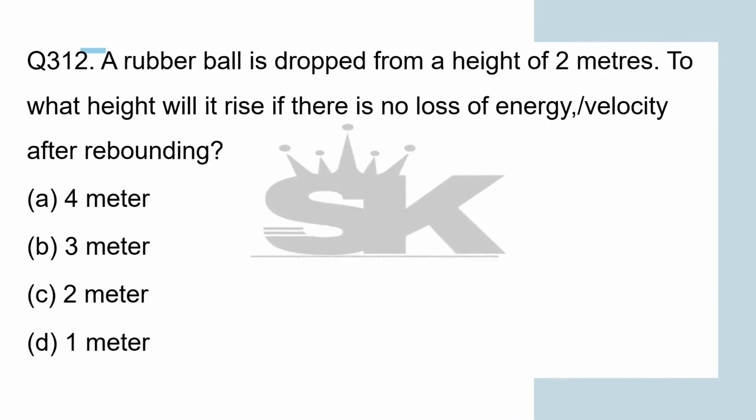A rubber ball is dropped from a height of 2 meters. To what height will it rise if there is no loss of energy or velocity after rebounding? So here the formula is H equals H star into E square. Here E is the coefficient of restitution.